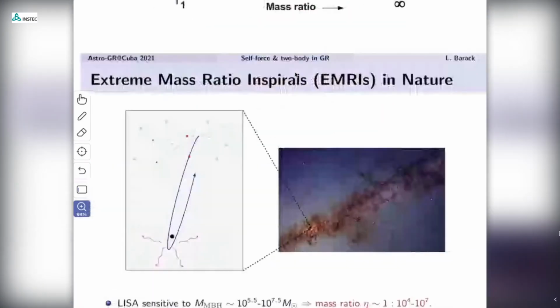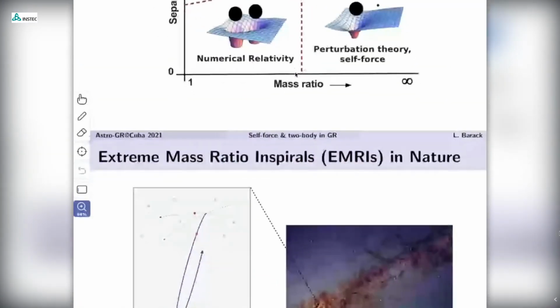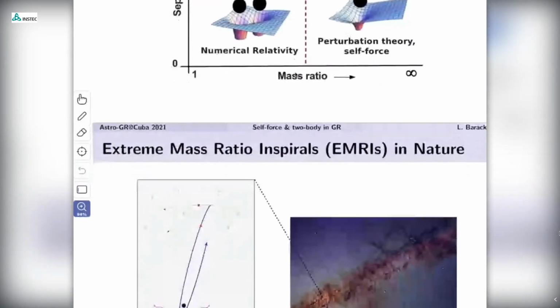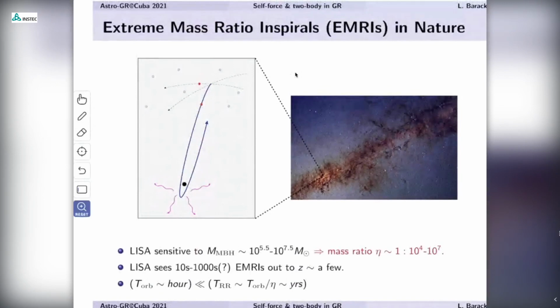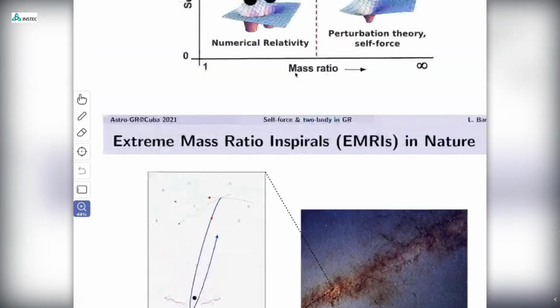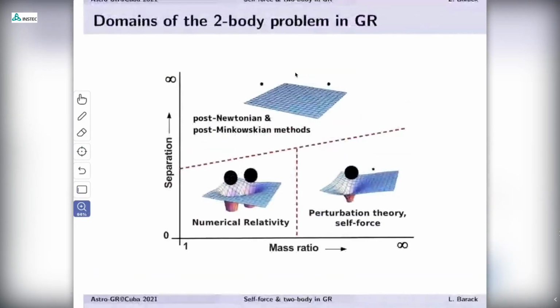And finally, I'm getting to the motivation for looking at the small mass ratio. Leor, just a quick question. I really like this picture of thinking of GR in terms of these wells, and I just wanted to cross-check all these wells, as you call them.